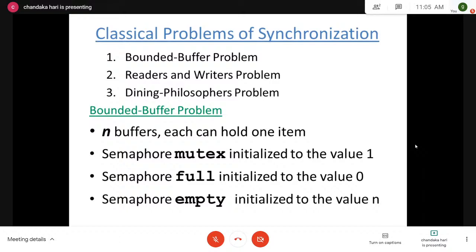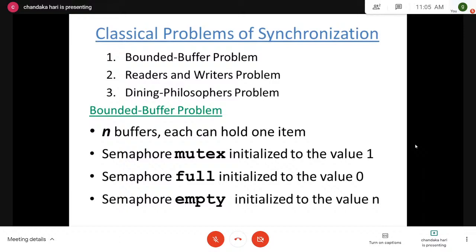So concurrent readers are allowed, concurrent writers are not allowed. If one reader is reading a data item, any number of readers is allowed, but no writer is allowed. If one writer is writing, no reader or writer is allowed. If you are not following this rule, the data is in an inconsistent state. How can you protect this? We'll see now using semaphores.